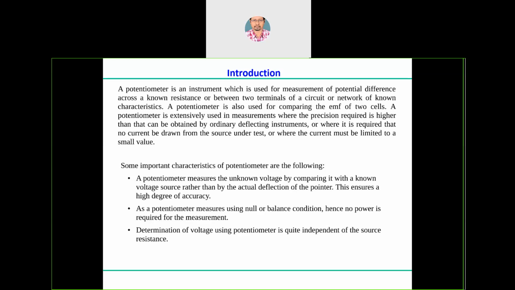This is primarily used for comparing the electromotive force of two different cells. When you are comparing those, one is the reference, which comes from the source and is normally known to you in advance. The other EMF is the unknown, connected in parallel to some resistance. By finding the ratio of the two, you will be able to calculate the unknown value of the resistance or the unknown value of the voltage.